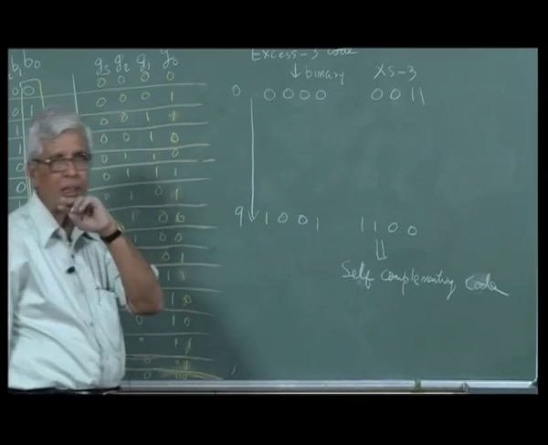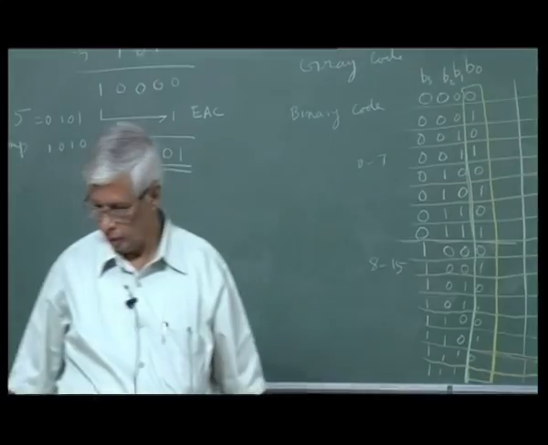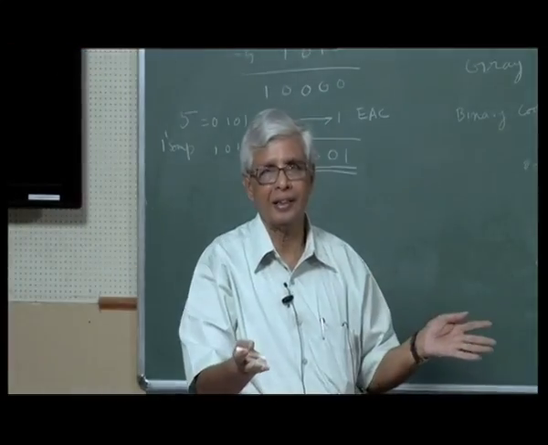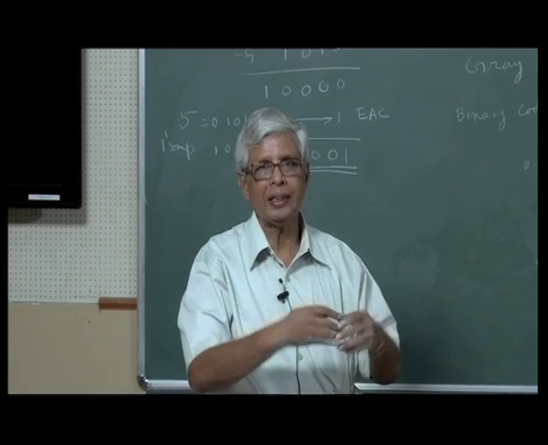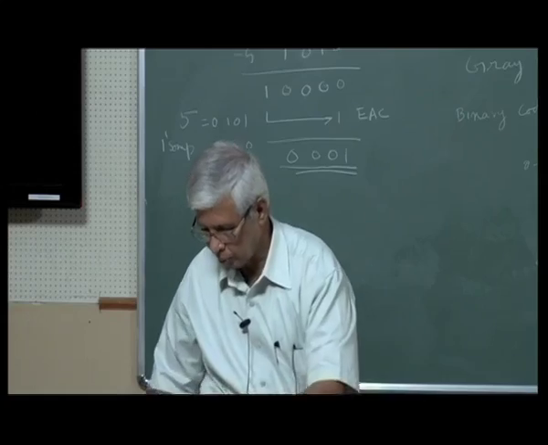What does it mean? If you take the 9's complement of a number and express it in excess-3 code, the 9's complement is the same as the 1's complement. For example, I will tell you.